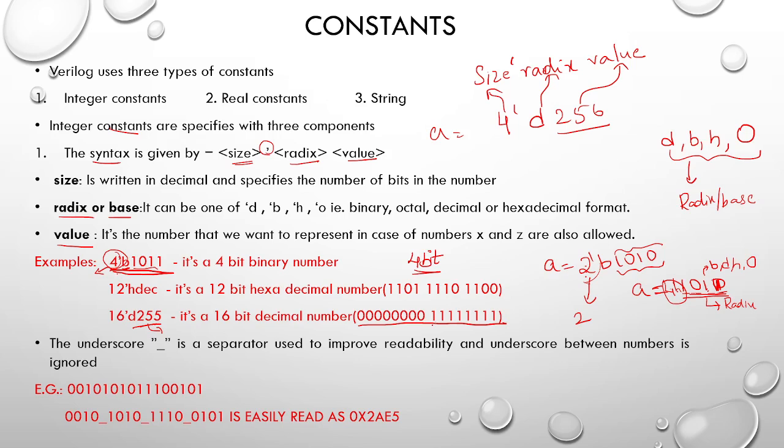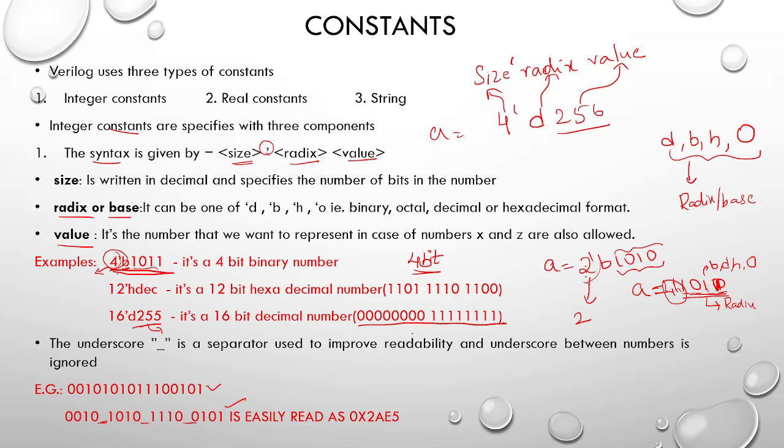So in order to increase the readability, you can use underscore symbols between every four digits. Now this is easy to read, isn't it? That is why you use underscore.